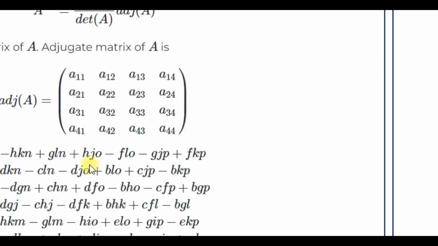So the adjoint is like that: A11, A12, A13, A14, and this is the formula.